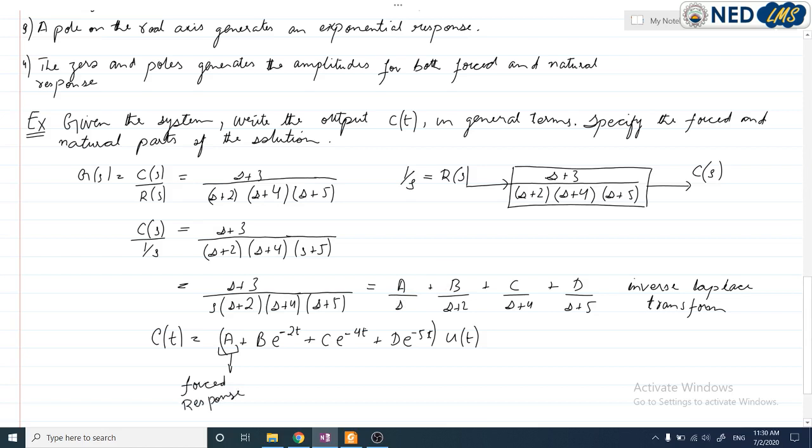And all the other three terms come out from the system poles. So these three terms are responsible for the transient response.